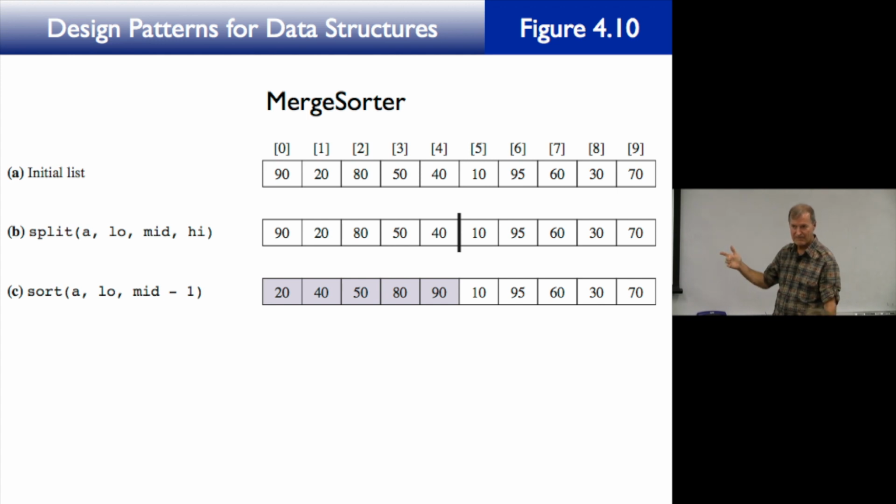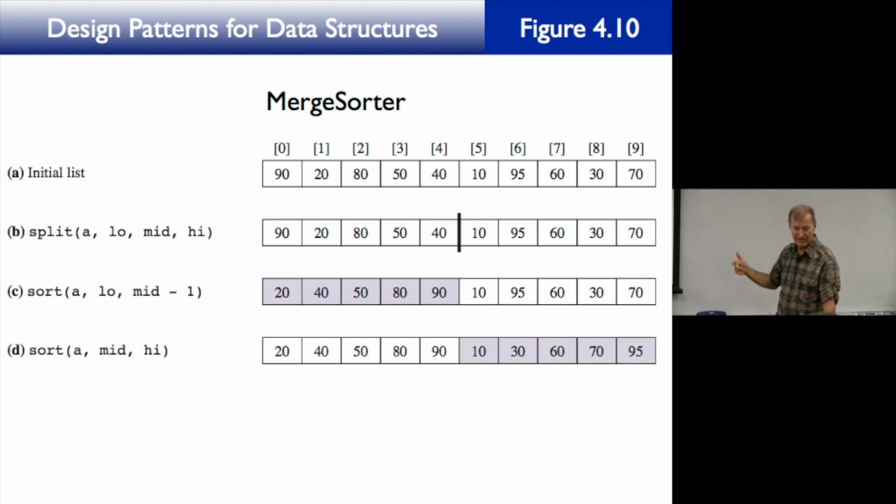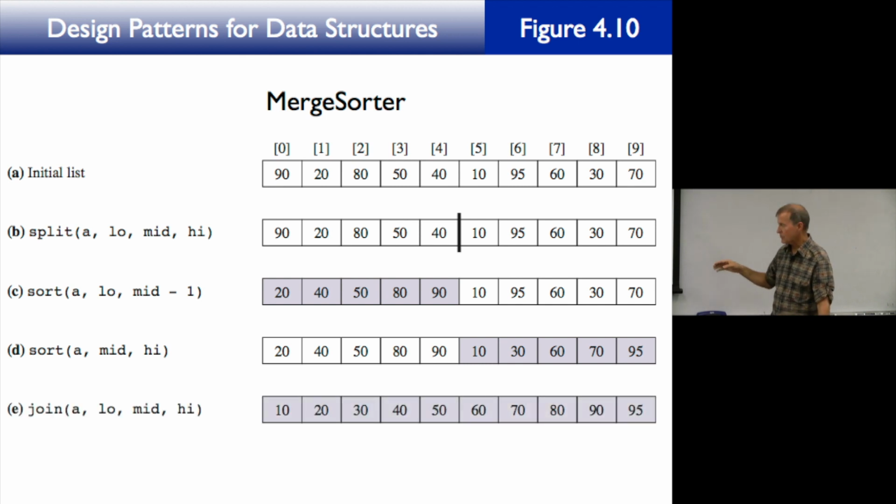And then it sorts recursively from mid to high. And then it does join. And as a result of doing the join, it does this. But now, all you have to do is implement the join.